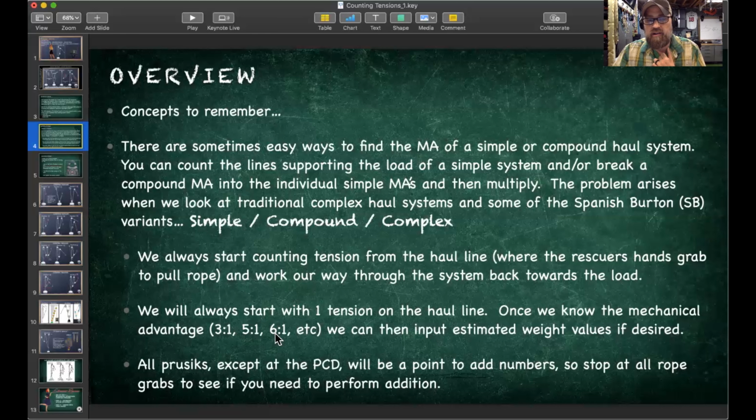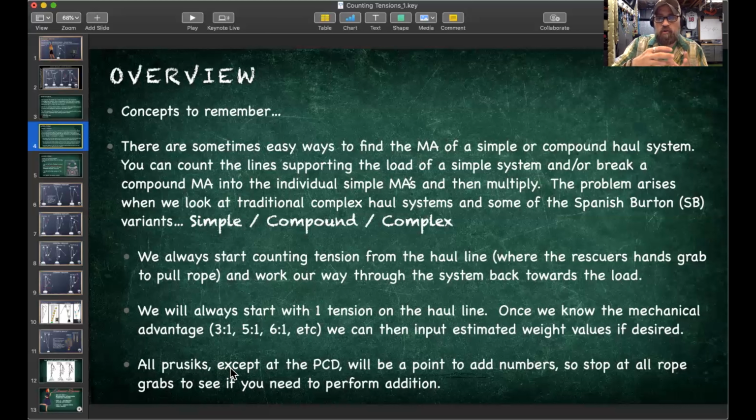So we are going to always start with 1 tension, because regardless of how much force we're actually putting into that, it gets magnified. All prusiks in our system, so when we talk prusiks, we're talking rope grabs, are always going to be an addition sign. So it's the T block, it's the rope man 2.